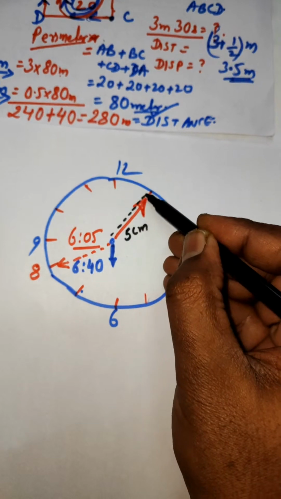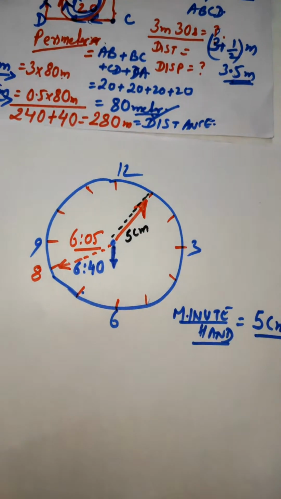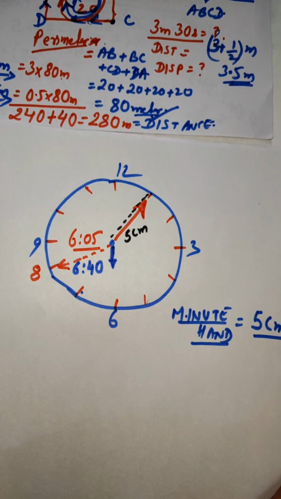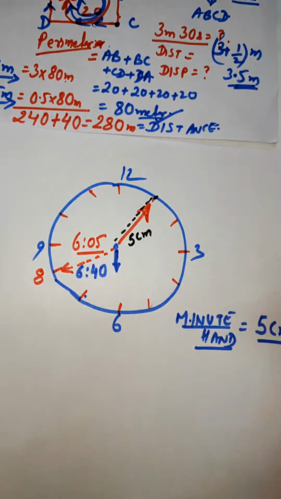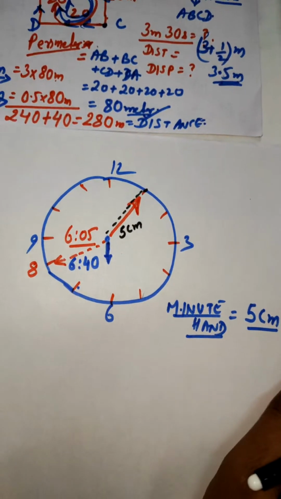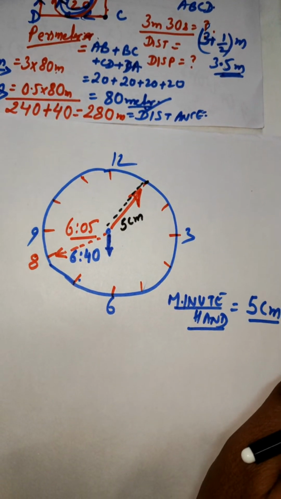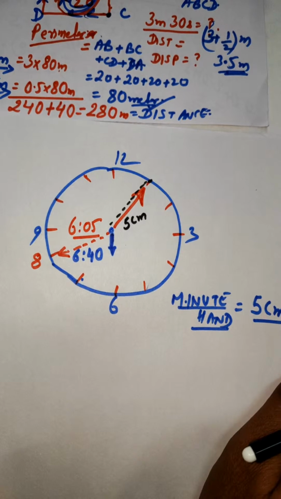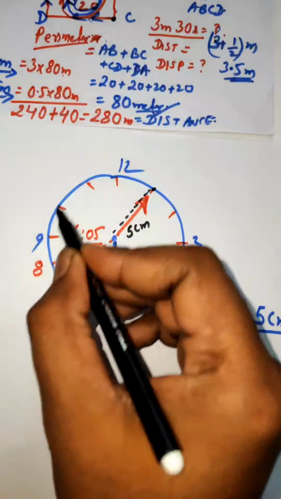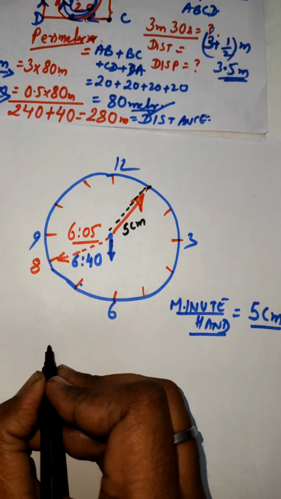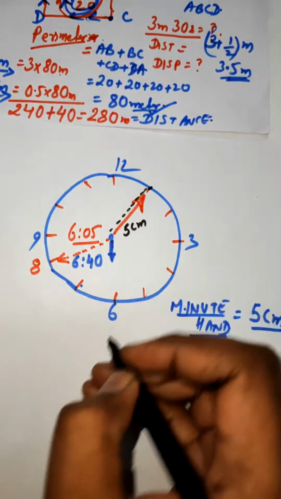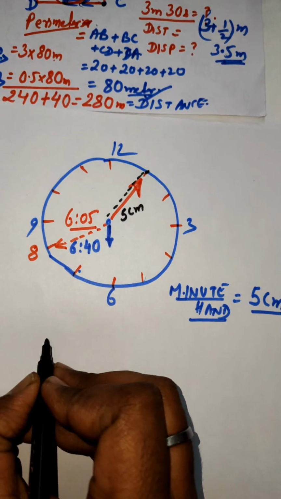This 5 centimeter, that is the length of this minute hand, will be acting as a radius. And what is the distance covered? The distance covered is 2 pi r in one round. 2 pi r. So in a watch the concept is very simple.